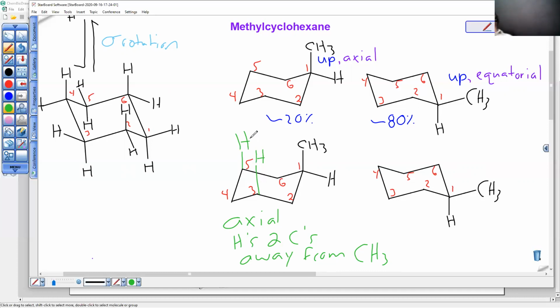They are relatively close to the methyl. This is a negative interaction that reminds me of eclipsing. But remember, eclipsing is on adjacent carbons. These are just close in space on carbons adjacent to the adjacent carbons.